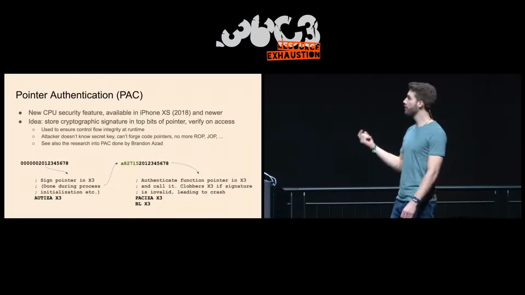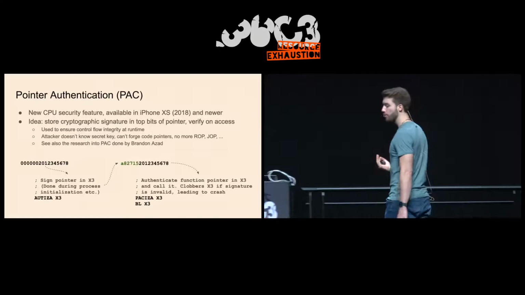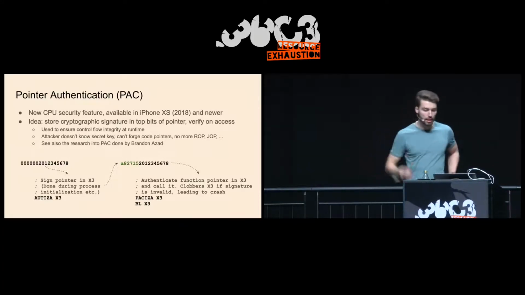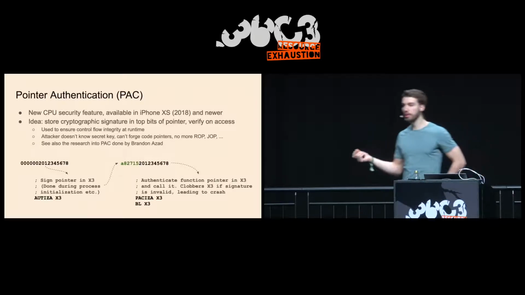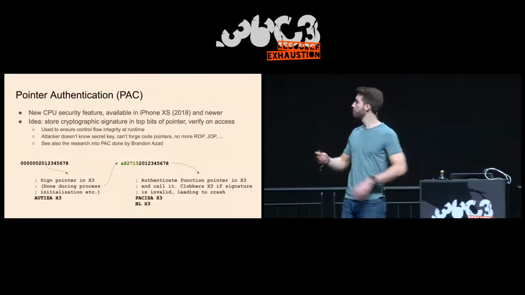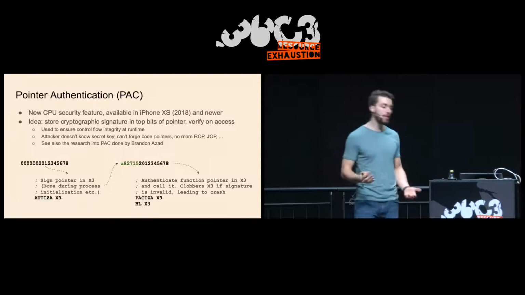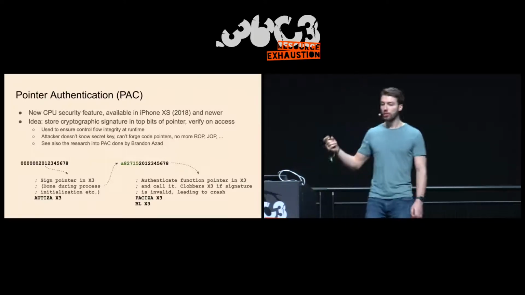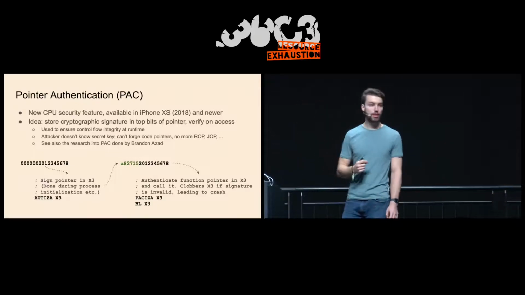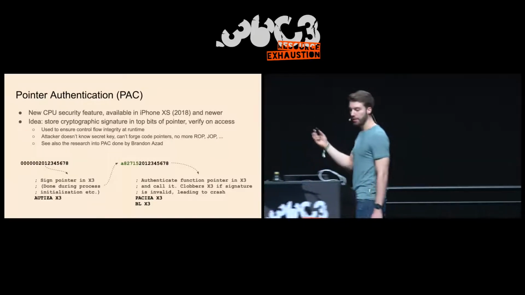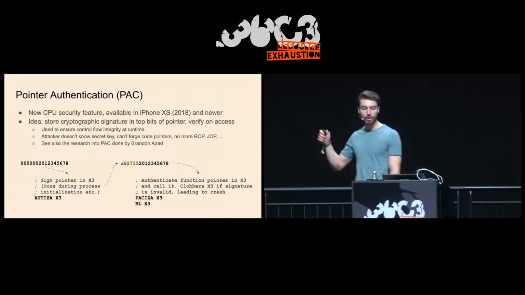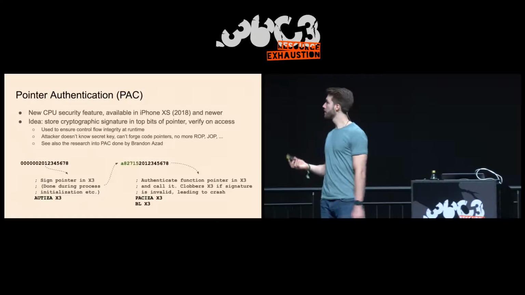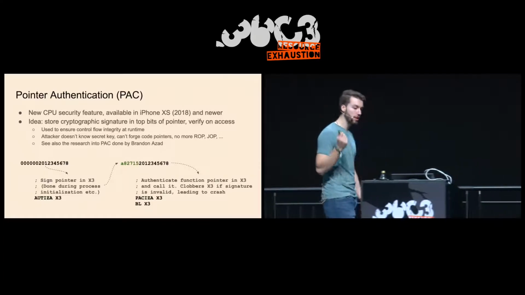Now before using this pointer, the code will authenticate it by running another instruction. If the verification fails, it will basically clobber this pointer, make it invalid, and then the following instruction will just crash, right? So here, this is the function call, the BL branch and link instruction. This is doing a function call to a function pointer, but first it's authenticating this pointer, and if this authentication step fails, then the process will crash right there.